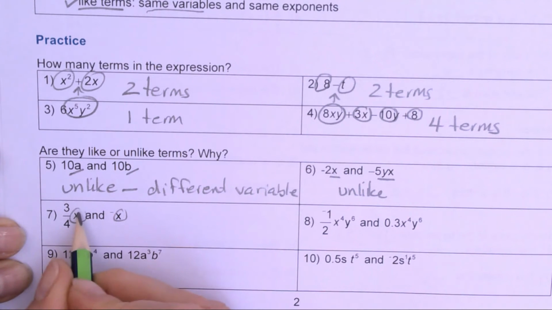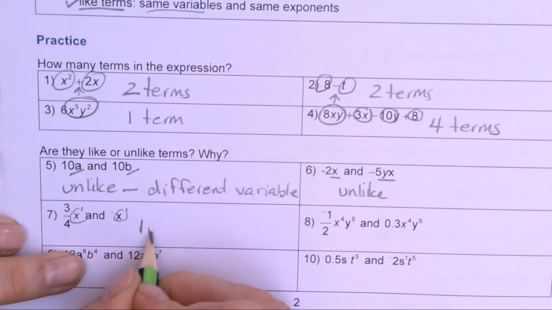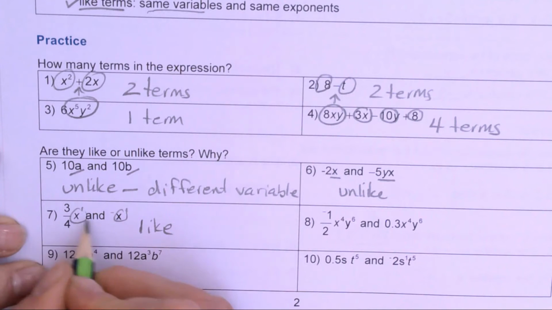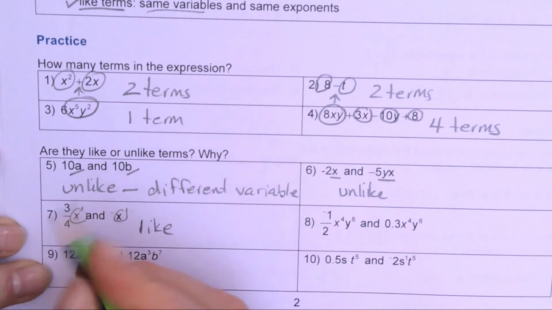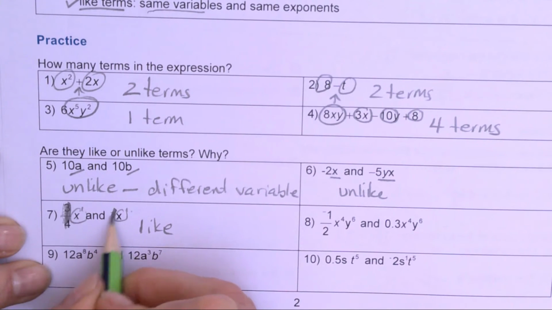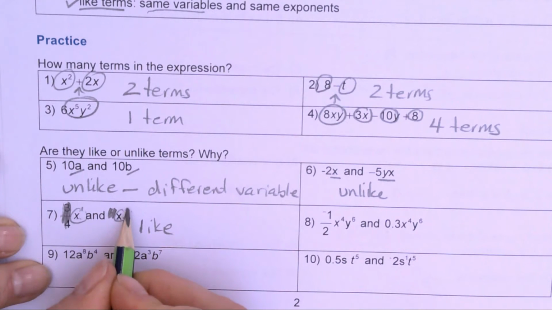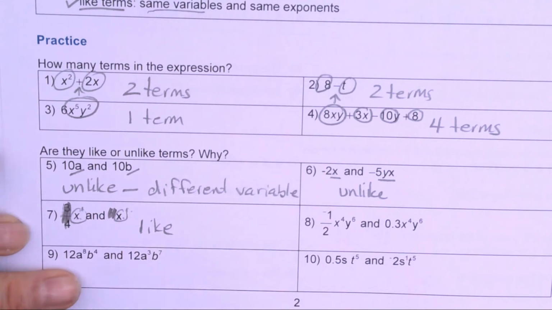And the exponent is hiding. It's 1 on both of them, so they are like because they have the same letter, the same variable, and the same exponent. We don't care about this coefficient in front. It could be anything. We don't even look at it. We only look at the letter and the exponent on the letter, the variable.